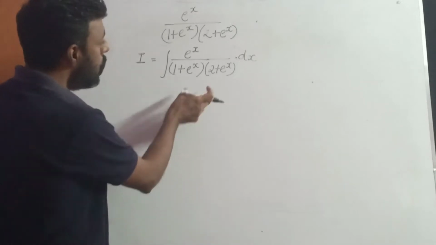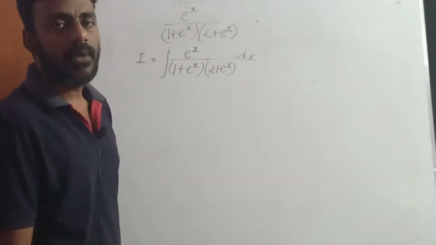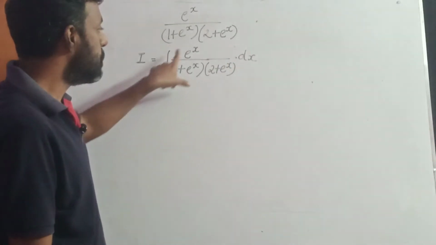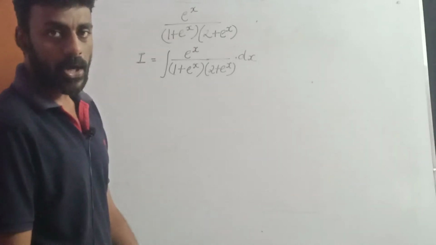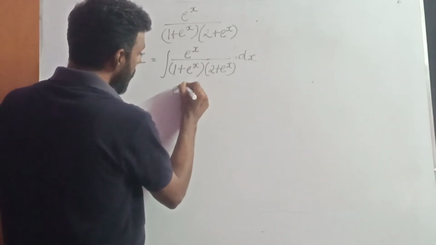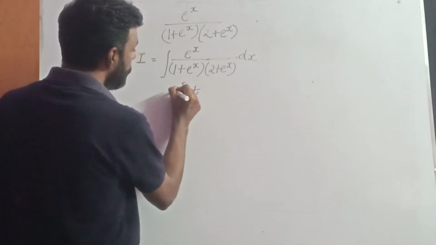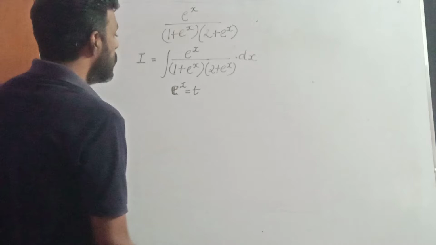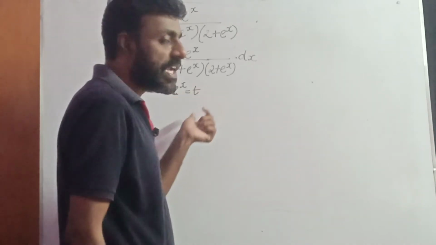So now what can be done over here? Integration by substitution should be carried out. Let us assume that e to the power x equals t. Now I'm going to differentiate this.